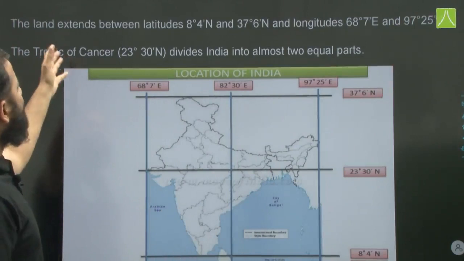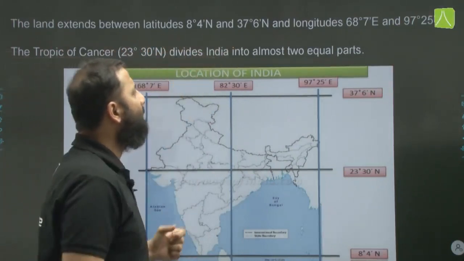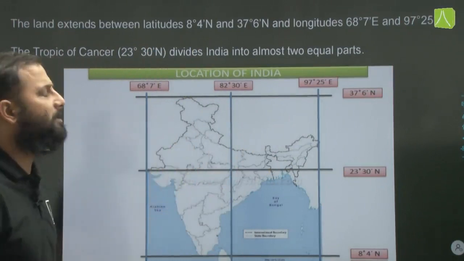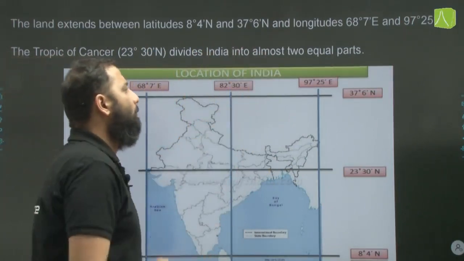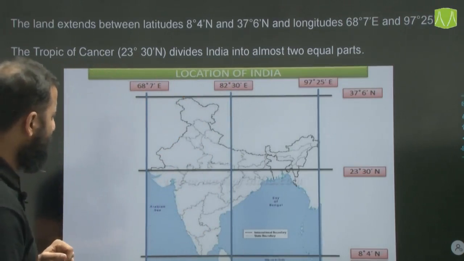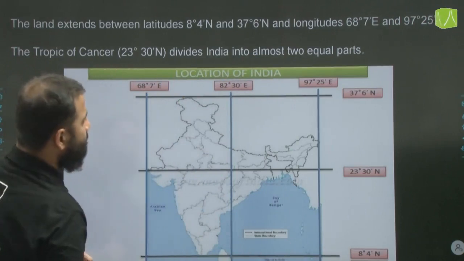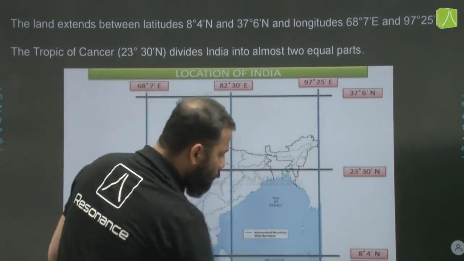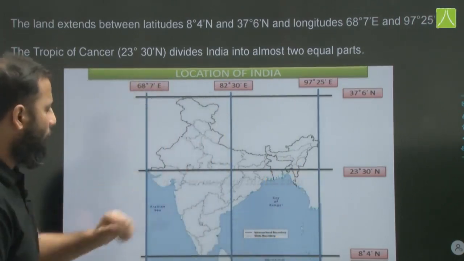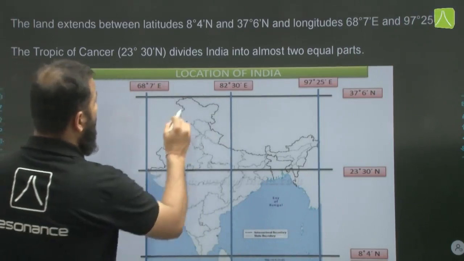The land extends between latitudes 8 degree 4 minutes north and 37 degree 6 minutes north, and longitudes 68 degree 7 minutes east and 97 degree 25 minutes east. As you can see here, this is 8 degree 4 minutes north, and the bottommost point is again below that, which was submerged during the tsunami.